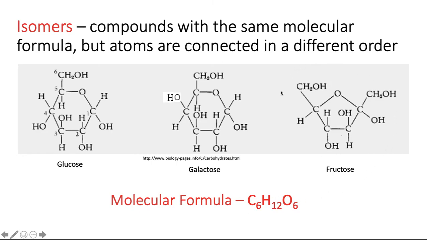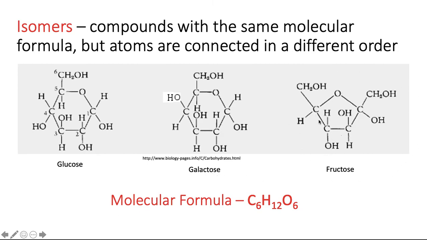Now let's look at the last one. This also has the same molecular formula. It has 6 carbons, 1, 2, 3, 4, 5, 6. It has 1, 2, 3, 4, 5, 6 oxygens, and if I counted the hydrogens, there'll be 12. So exactly the same as glucose and galactose. But look at the shape of this molecule.